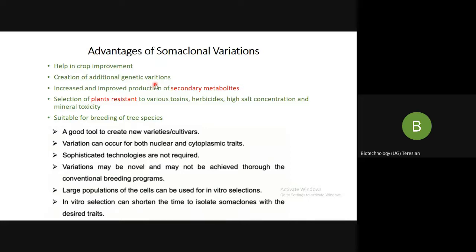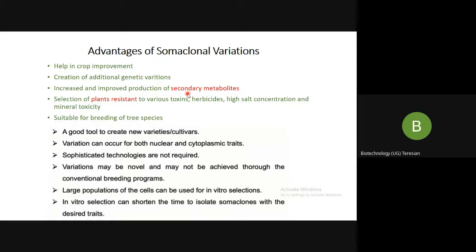How does this additional genetic variation arise? By using the cytoplasmic genomes and the plasmids which are present in the plants, you can bring about various beneficial changes. Increased and improved production of secondary metabolites.